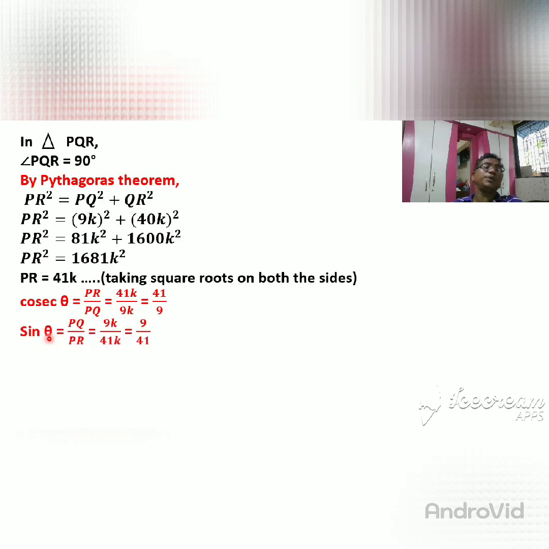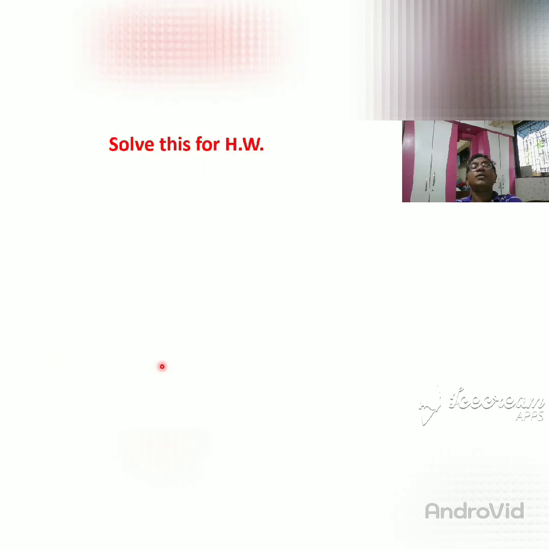So opposite PQ divided by hypotenuse PR. Take the reciprocal of this. So sin theta is equal to PQ upon PR. PQ is 9k, PR is 41k. The k's cancel. 9 upon 41. Anyone doubts here? This is the way you find it.